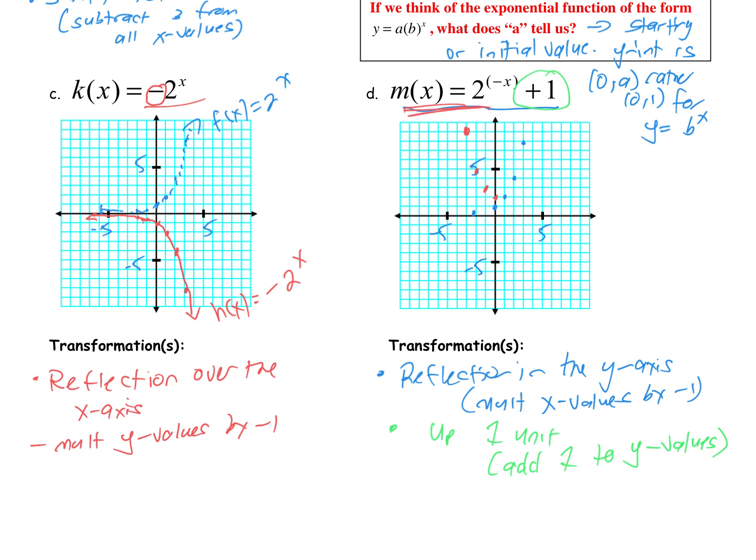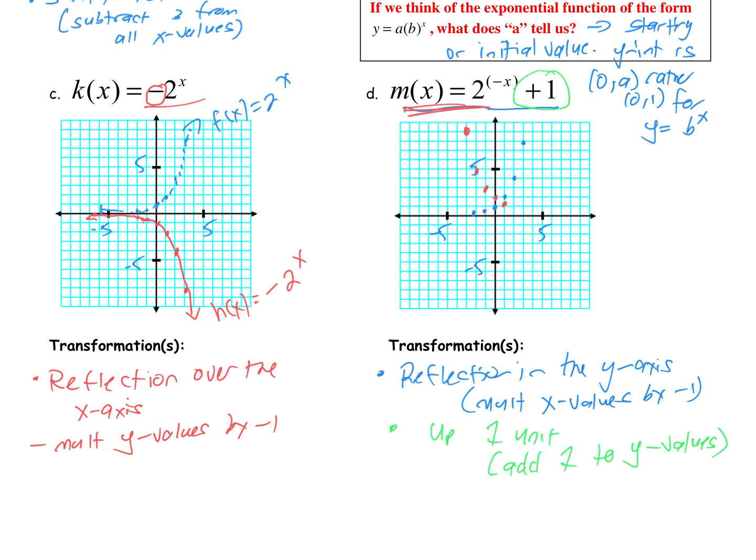And then we have (-1, 1/2). So (-1, 1/2) is going to be reflected. Let me make the point blue. It's going to be reflected over the y-axis, so it's going to become (1, 1/2), and then up 1. So it'll be (1, 3/2).